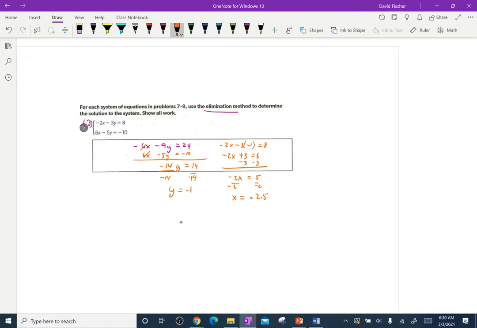So now our answer here is minus 2.5, minus 1. That's where those two linear lines are going to cross. So that's the solution right there.